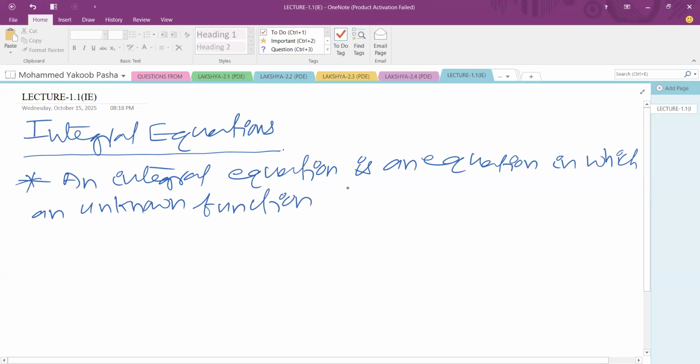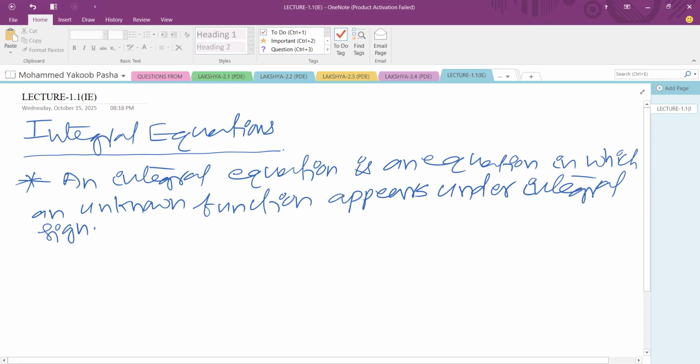The unknown function, that means y of t or y of x, whatever function appears under the integral sign. Such a type of equation is called an integral equation.